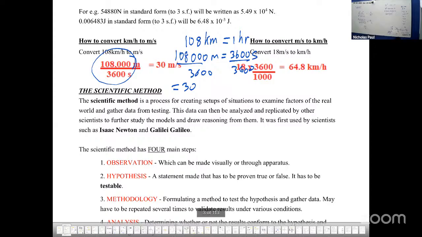Try a small example. Convert 80 kilometers per hour to meters per second.